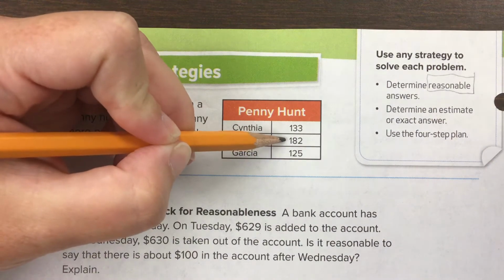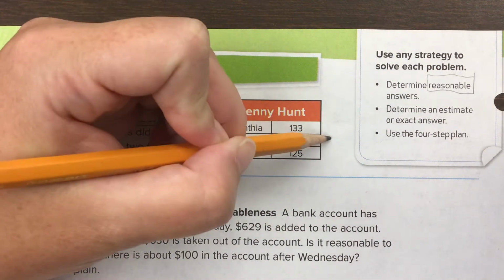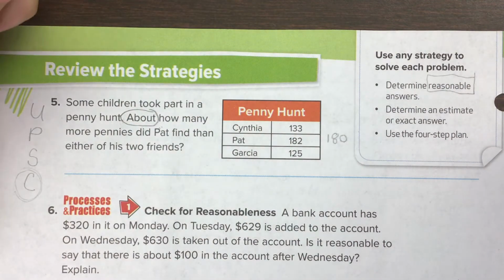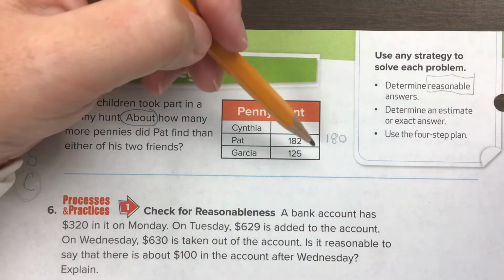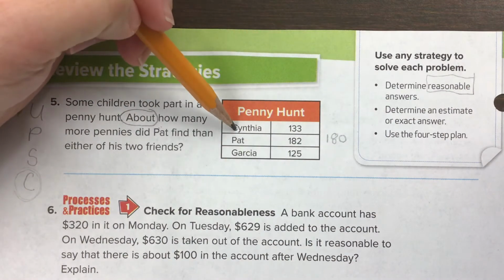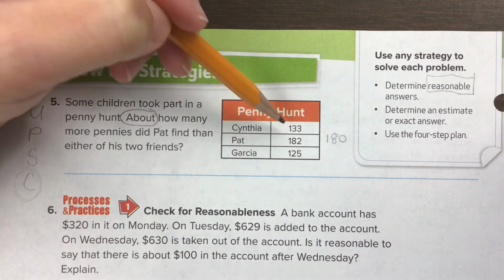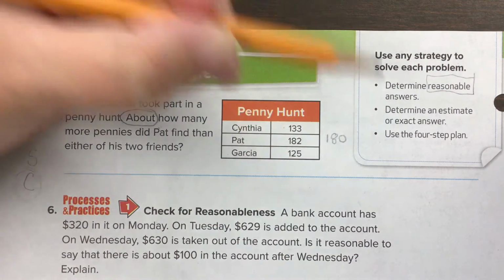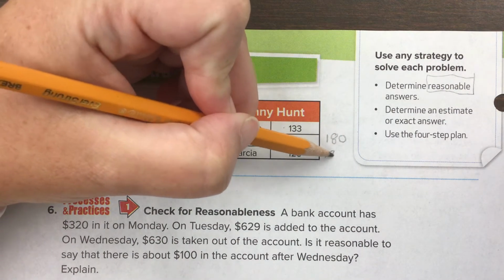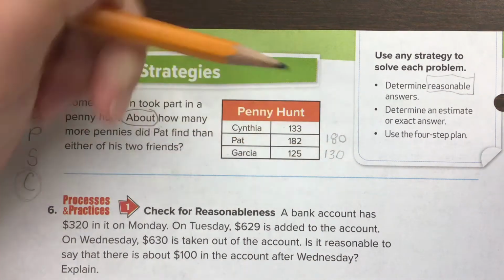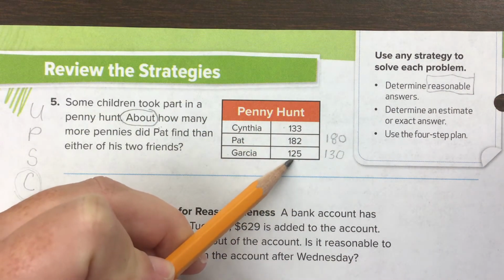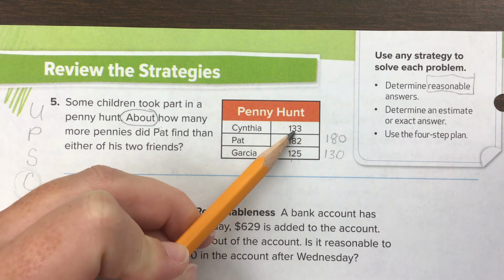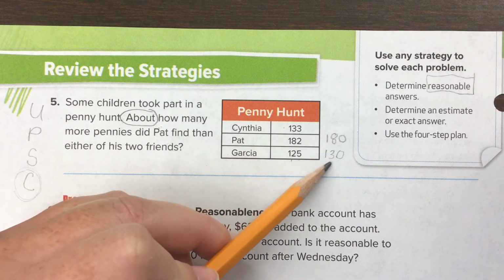Well, Pat found about 180. If I round 182 to the nearest 10, he found about 180. Cynthia and Garcia, 133 and 125, they both round to 130, because this 5 would tell the 2 to soar up to the next 10, and this 3 here would tell this 3 to rest, so they would both round to 130.